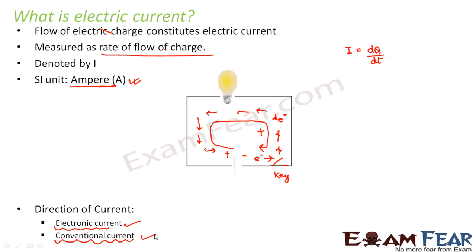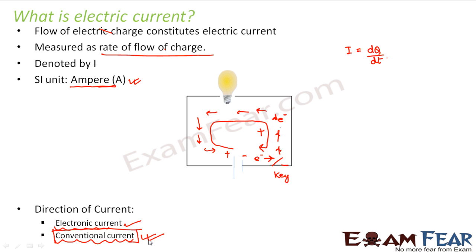That means the direction of current is opposite to electronic current. That is why this other current is known as conventional current, because according to convention, this direction is considered as the direction of current. So in any circuit, current is always assumed to flow from positive towards negative, right?